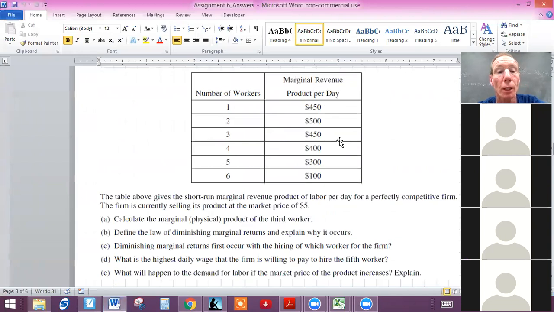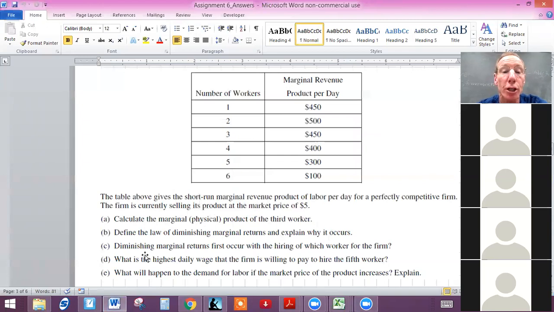So the table above gives you the short run marginal revenue product of labor per day for a perfectly competitive firm. The firm is currently selling its product at a price of $5. So in this problem, they're giving you what in problem 1 they ask you to calculate. So we're going to go backwards here, okay?